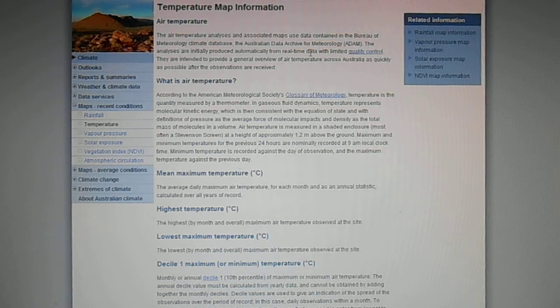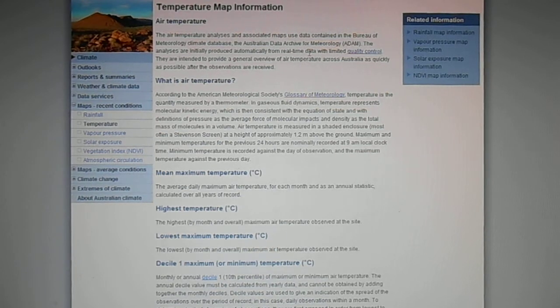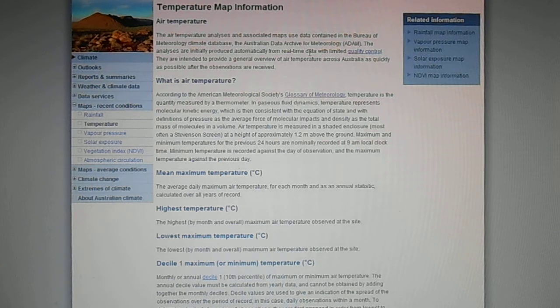It's one of many databases that they have, all with a different version of history. They seem to have ADAM and the one that we can see online, CDO, and another one called Silo, and another one called HQ, and another one called Acorn.